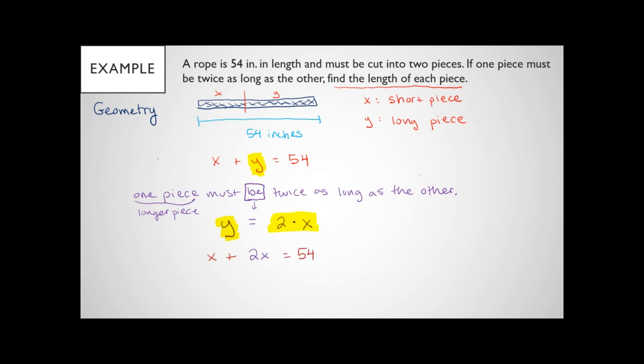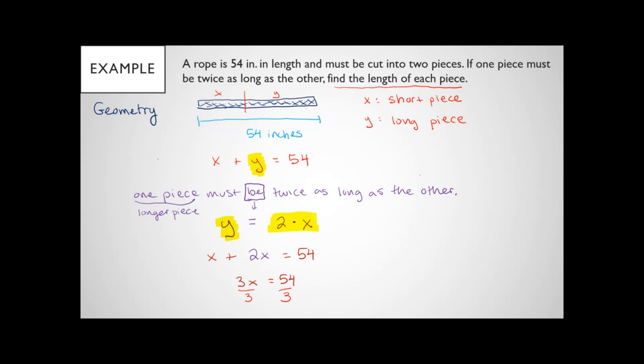So I took that second equation and it allowed me to replace things in the first equation. And now I can solve because I have 1 variable. So I can add my like terms on the left. 1 plus 2 is 3. So I have 3x equals 54. Now I need to divide both sides by 3.